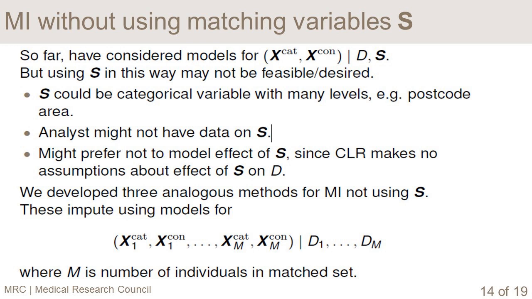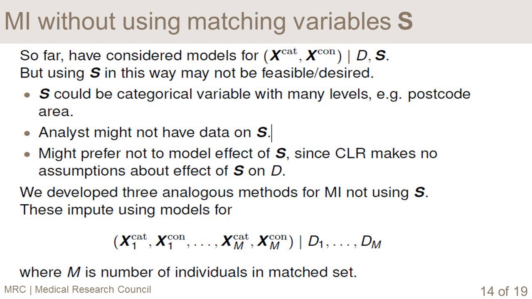This could be, for example, because matching is on postcode or family or GP surgery, some other categorical variable with many levels, and if you try to condition on that variable, you would need a lot of parameters in the model, and that could cause problems.